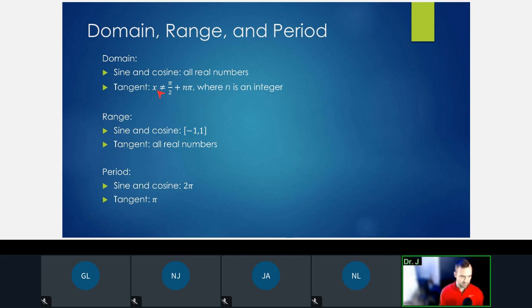So tangent, all the inputs is everything except 90 degrees, and every time you do a half a rotation. So 90, 270, and then another half a rotation. I don't know, math is hard sometimes. So that's what this is. And n can be an integer. So we can start at 0 because 0 is an integer. 1, 2, 3, 4, 5.